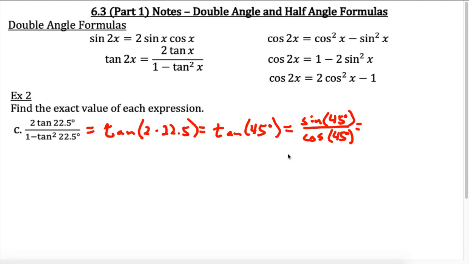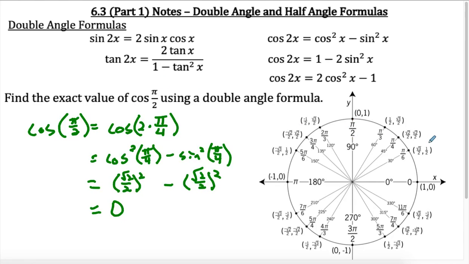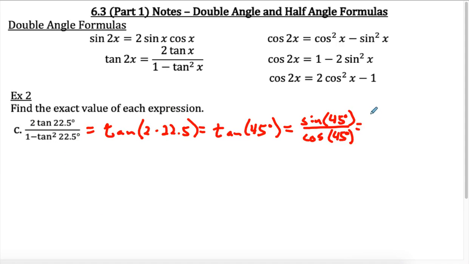Those are the same thing: square root of 2 over 2 over square root of 2 over 2. Same thing over the same thing is just equal to 1. So this whole original expression was equal to 1.